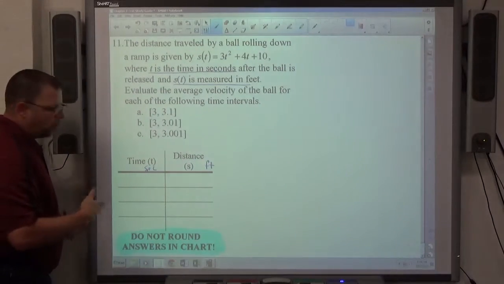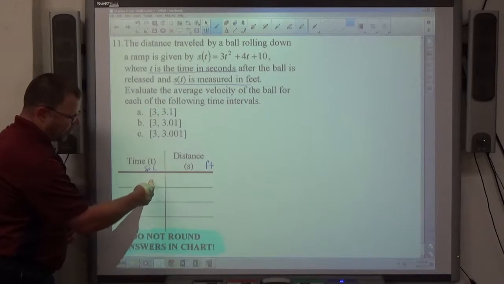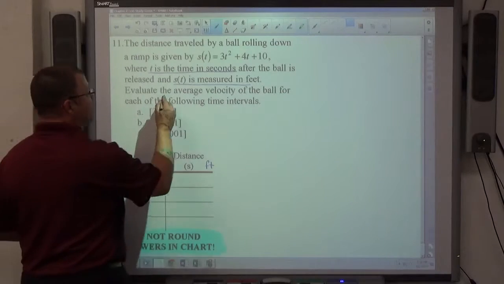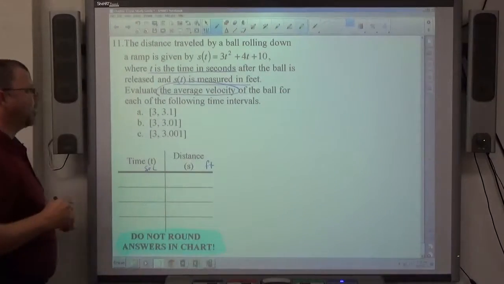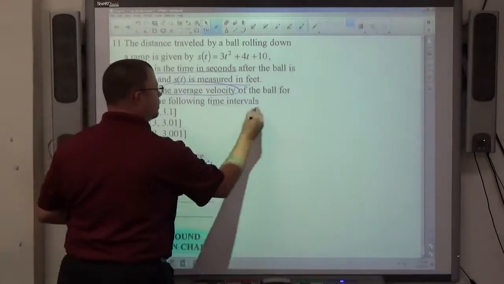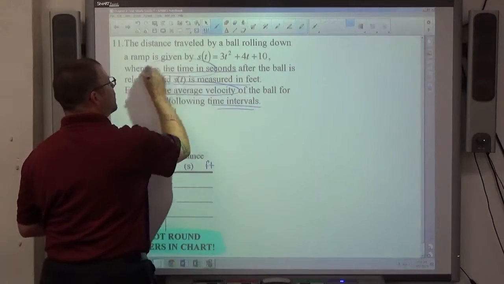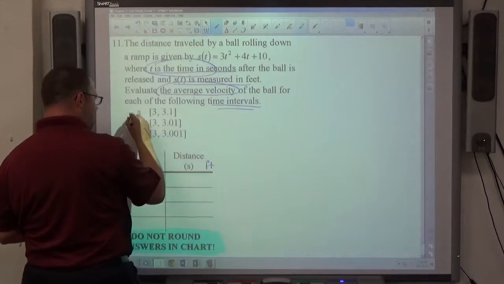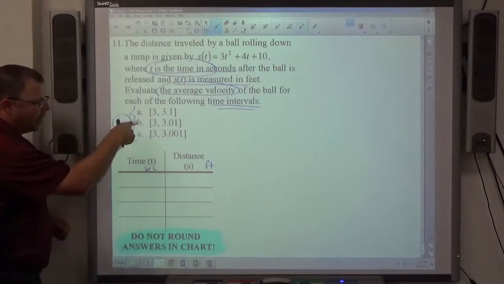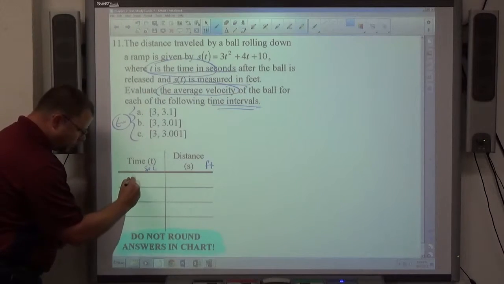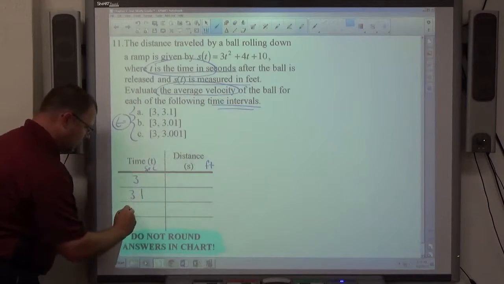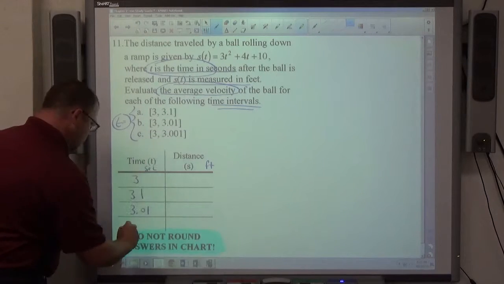If I do a slope, change in S over change in T, it's going to be feet per second, which is going to be velocities, which is exactly what we're looking for, average velocity for the following time intervals. Okay, these are time intervals, and the letter T is the time. So this is all about, right here, what T equals. These numbers: 3, 3, 3, 3.1, 3.01, and 3.001.